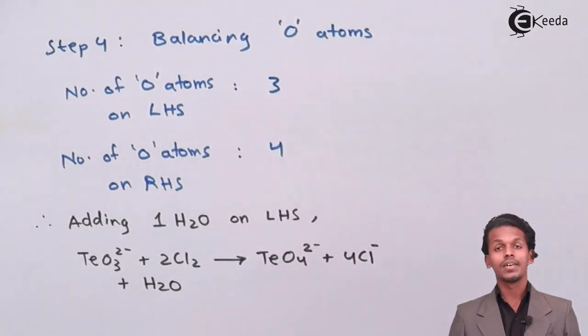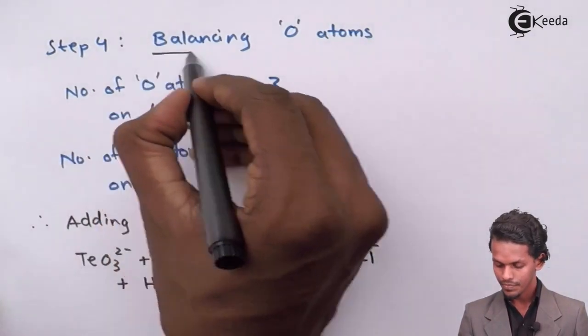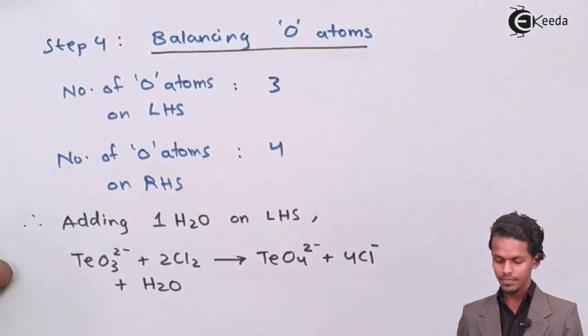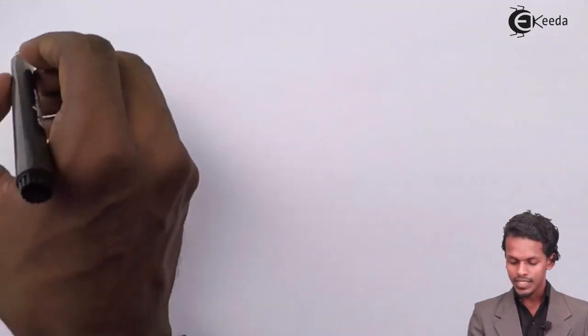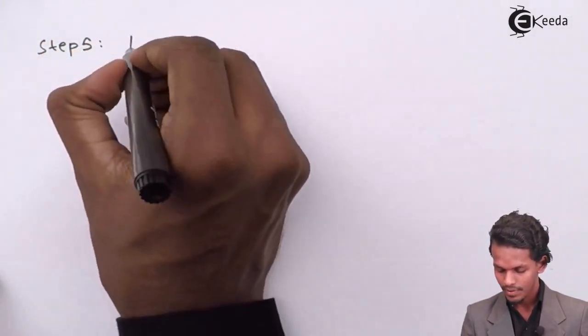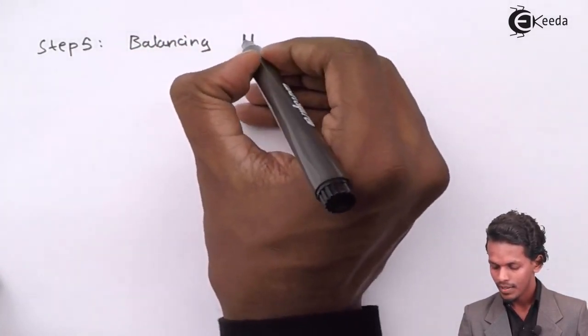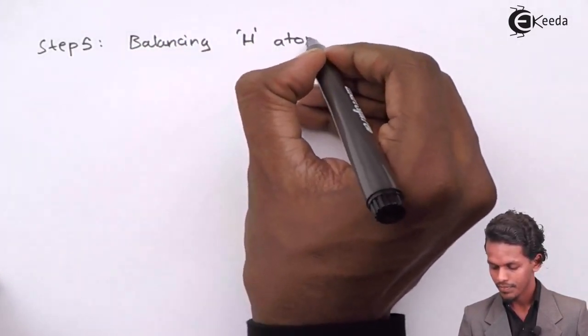and the next step is balancing hydrogen. So let us do that also. So step number 5 will be balancing hydrogen atoms.